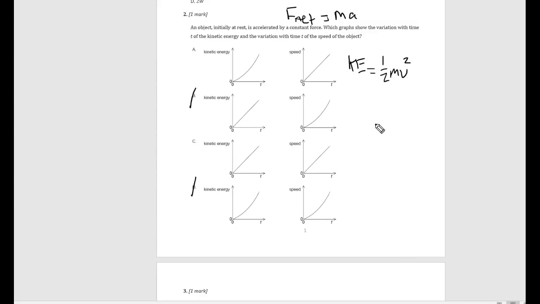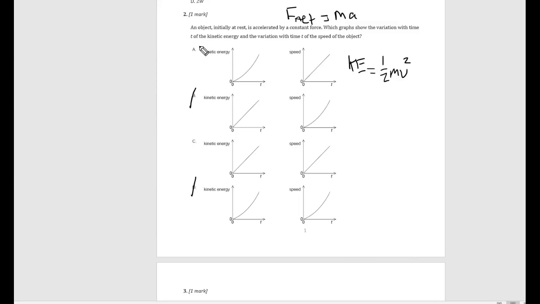Well, that's not specific enough. As the speed increases, let's say the speed doubles, because this is being squared in the equation, the kinetic energy is actually going to quadruple. And so we don't have a linear relationship here. We actually have a quadratic relationship. Something squared, if you graph it, you get a quadratic, you get a parabola.